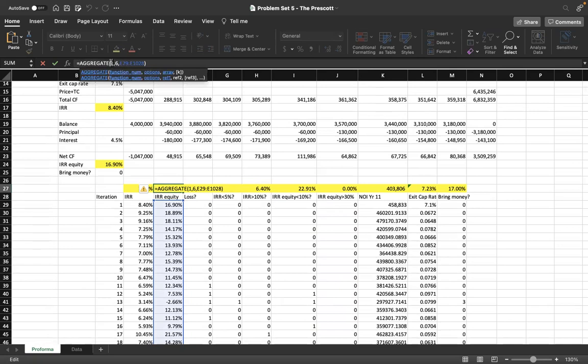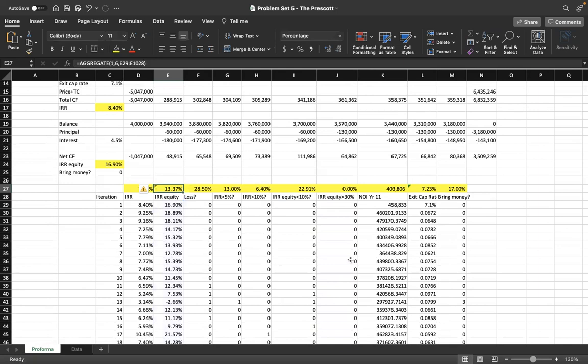This first one, 1, means I'm taking the average. 6 means ignore the error. And this one is just the data sample I'm working on. There are many other ways. I believe you might have better solutions. It doesn't matter. And here is also average.